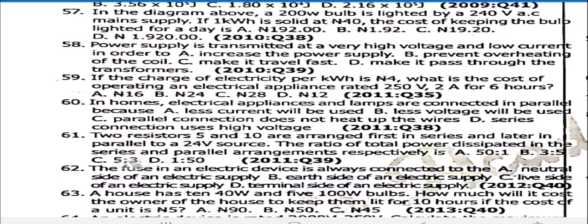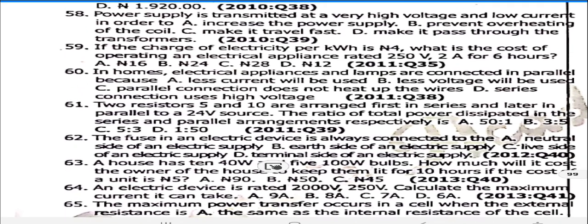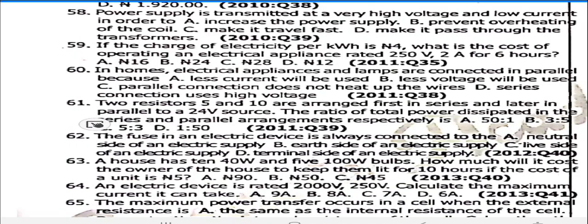In series connection, the same current passes through all appliances, while in parallel connection, the current breaks up into smaller units, as dictated by the resistance of each appliance. So this question, in homes, electrical appliances are connected in parallel because less current will be used.